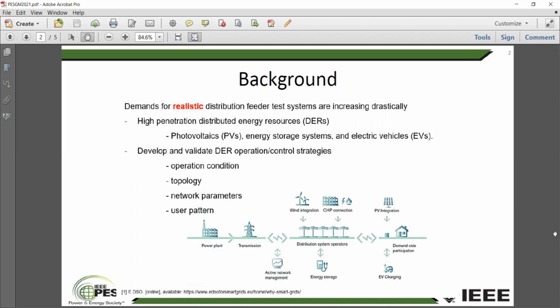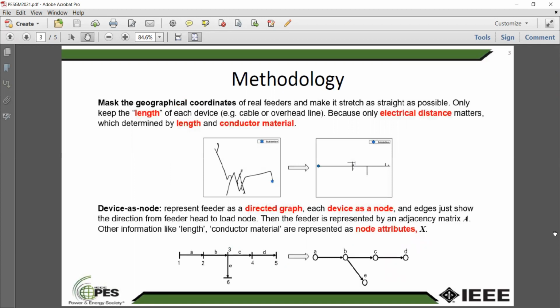test their algorithms. And for the methodology we use to generate the open source test system, we first mask the geo information of the feeder. So this is the real feeder. We first mask the geo coordinates in the real world and stretch them as straight as possible.